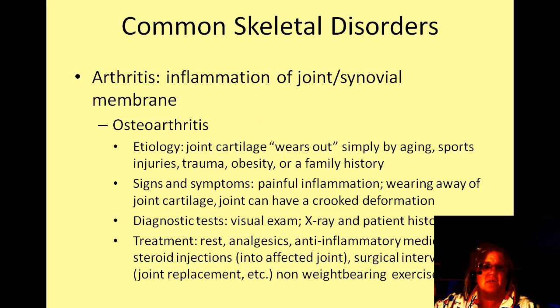Okay, common skeletal disorders. Arthritis. Arthritis is inflammation of the joint or the synovial membrane. That is the definition. It's a general term that's used. I have arthritis, but then you can break it down to even more. Osteoarthritis, the etiology, that means where it stems from.